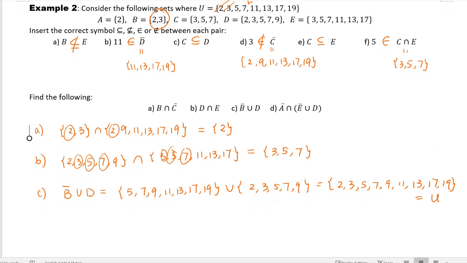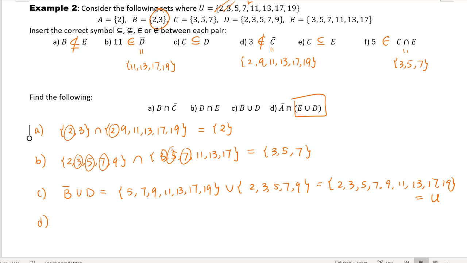Part D. Well, part D, there are 2 sets, right? We first need to compute E complement union D, and then we want to compute that result intersect A complement.